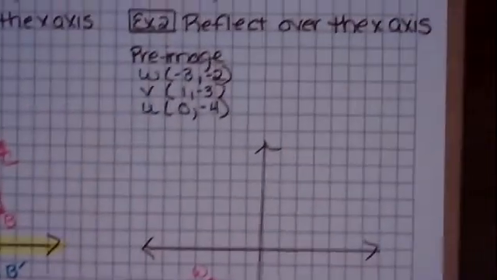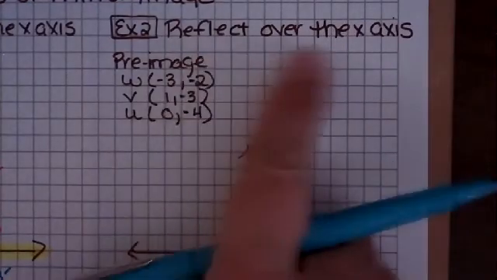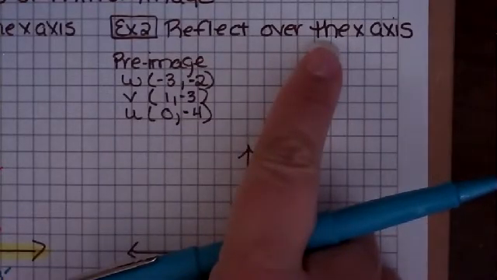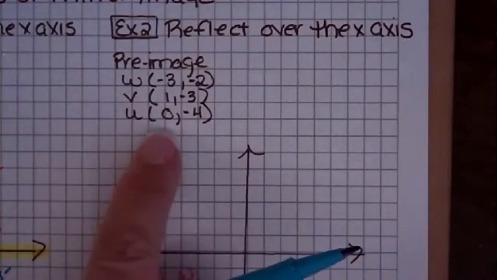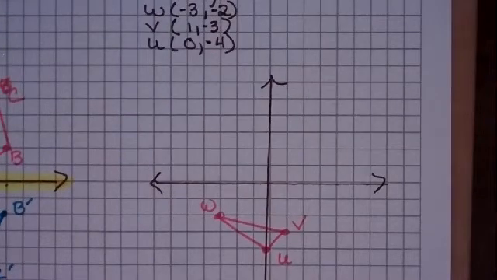Okay. Right here is example number 2. Number 2 also says we're going to reflect over the x-axis. Here is my pre-image, and I have taken the time right here to go ahead and graph it. So pause the video if you need to and graph.